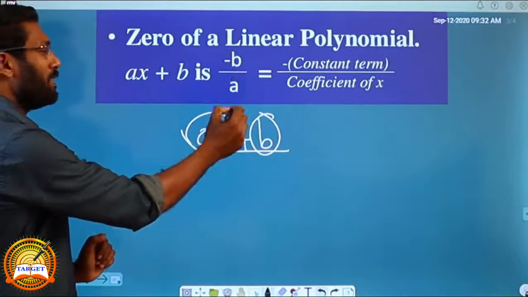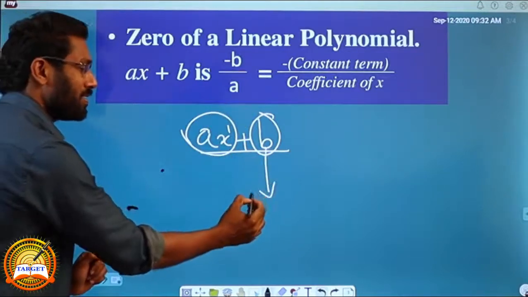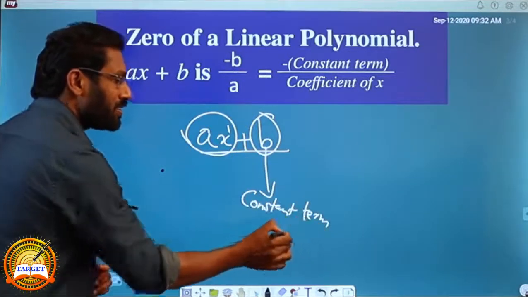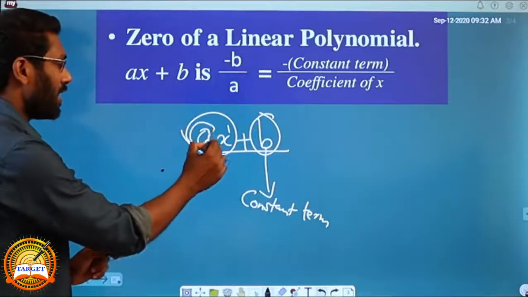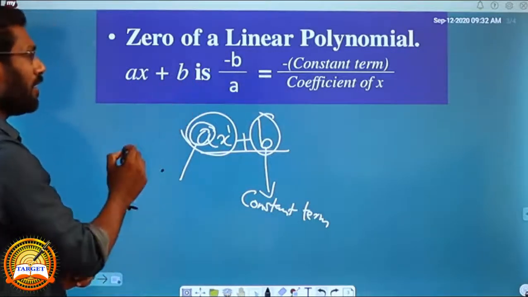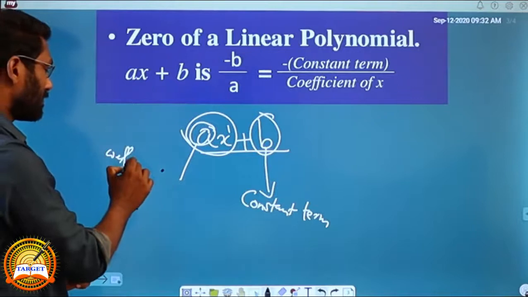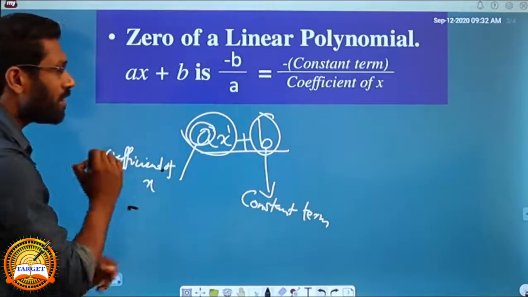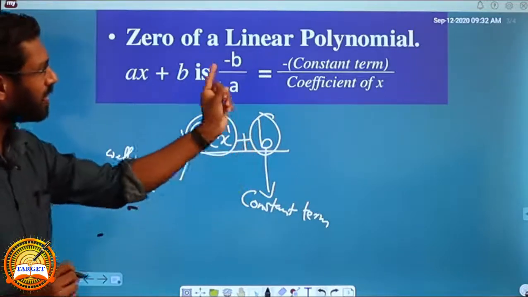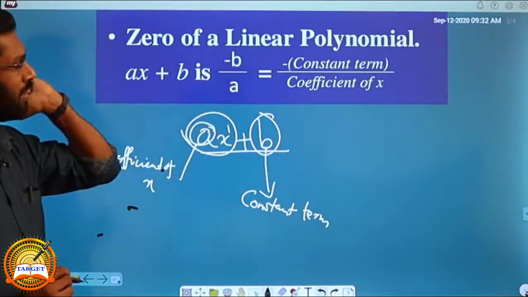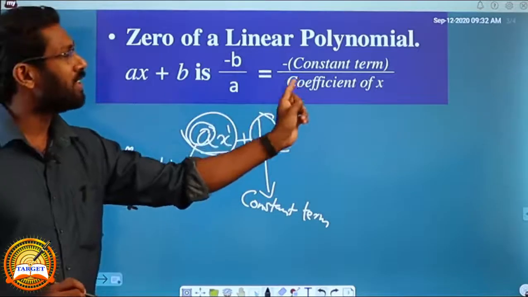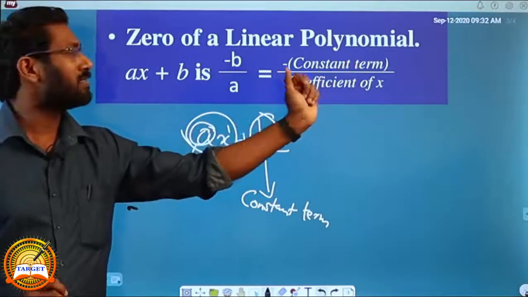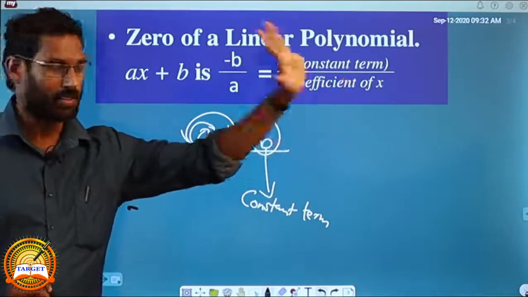Here b is the constant term, and a is the coefficient of x. So if the polynomial is ax plus b, its zero will be minus b by a. That is, zero is the negative of the constant term divided by the coefficient of x.